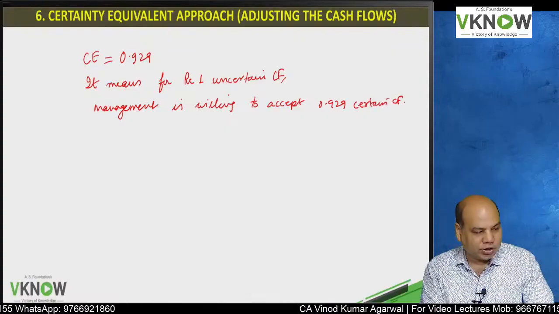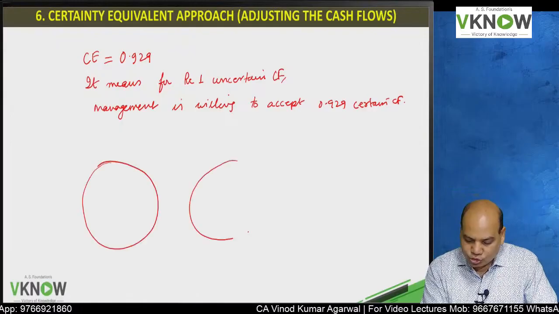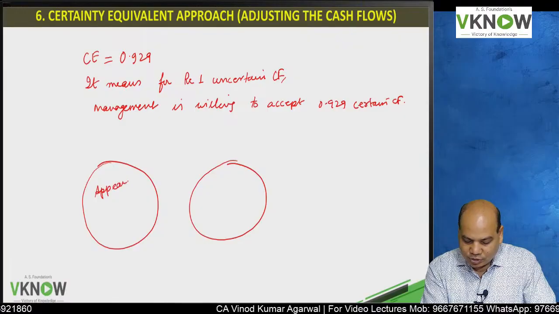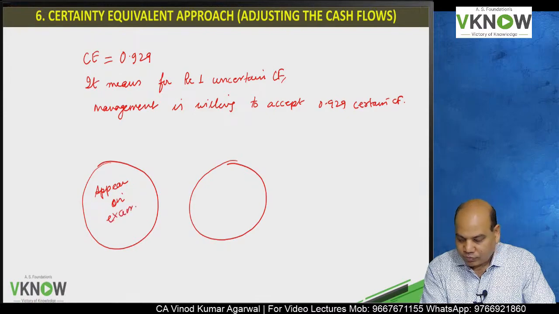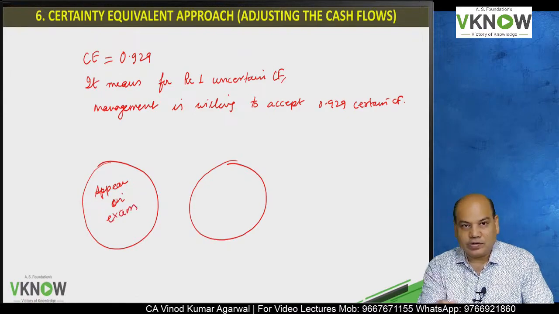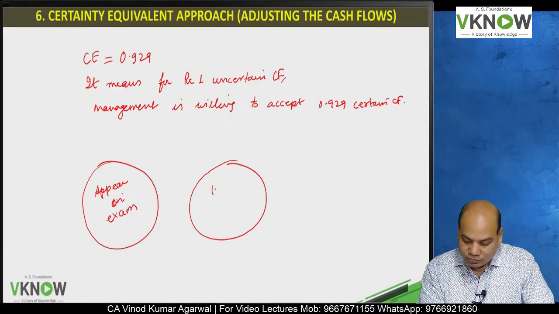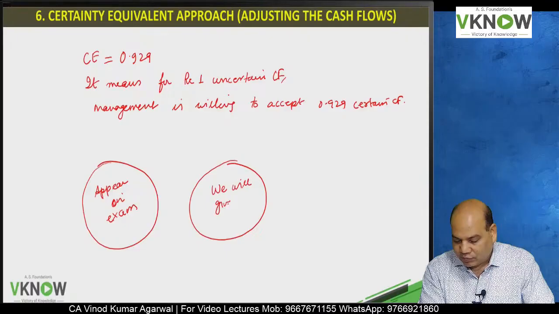0.929 certain cash flow. Is it right? Suppose your institute says you have two choices. You appear in the exam on your own, you work hard, and whatever result you get, we will give you. Second option is, institute says don't appear for the exam, we will give you 50%.